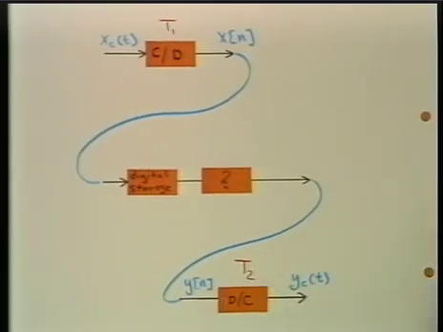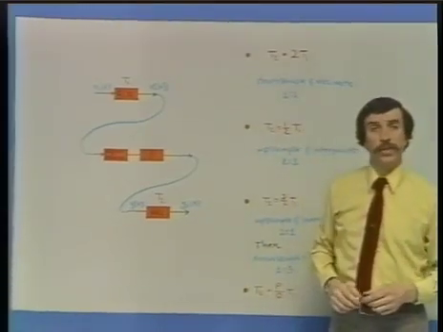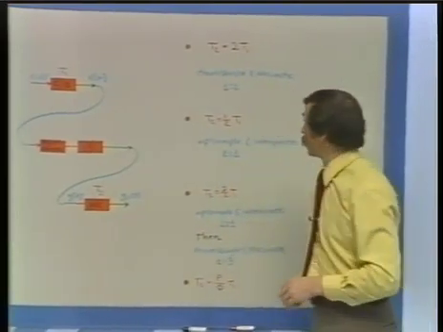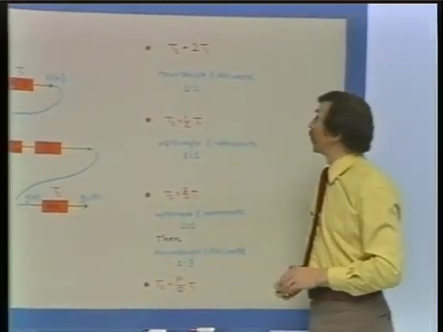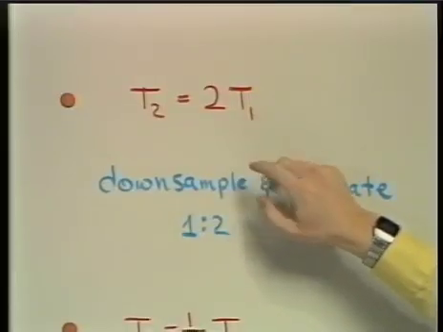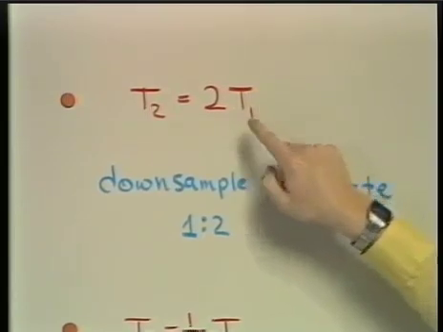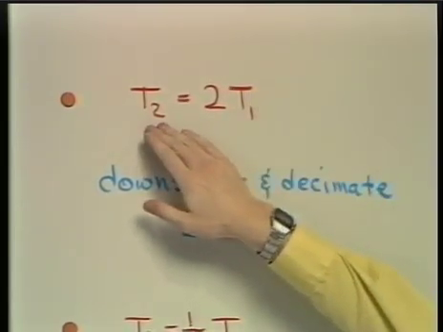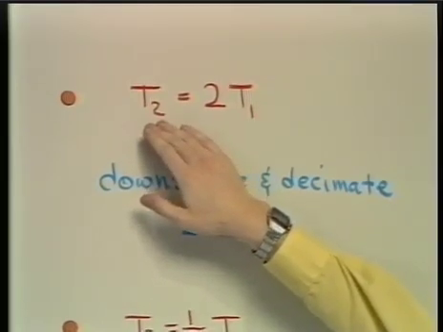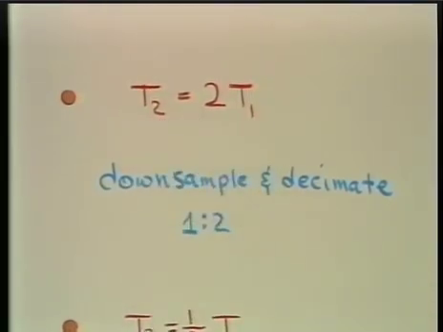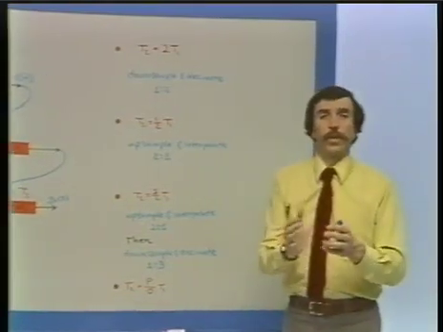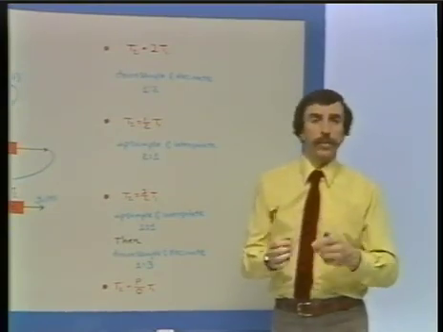Now, how would we do that? Well, in fact, we do that by using the ideas of decimation and interpolation. In particular, if we wanted to convert from a sampling period T1 to a sampling period which was twice as long as that, then essentially we're going to take the sequence and process it in a way that would, in effect, correspond to assuming that we had sampled at half the original frequency.